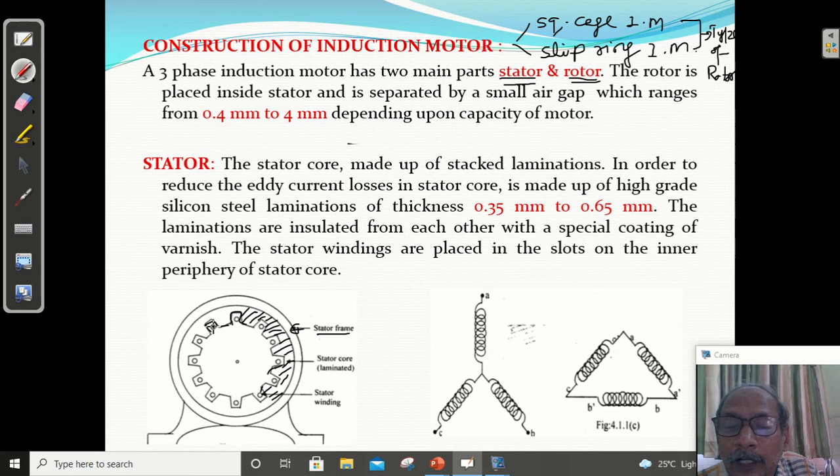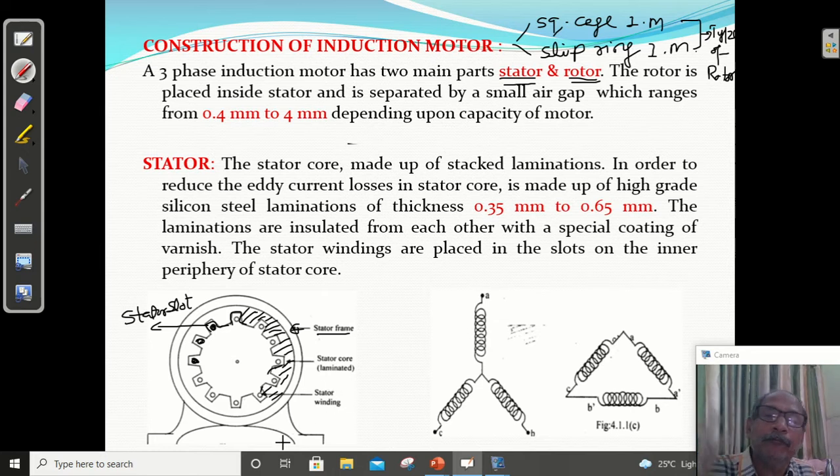Clear? This is called as slots, stator slots. And in the stator slot, you can say this circle, this part is known as stator winding. So stator winding is there.